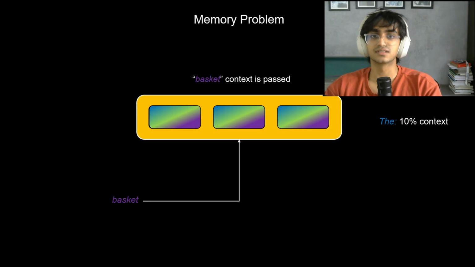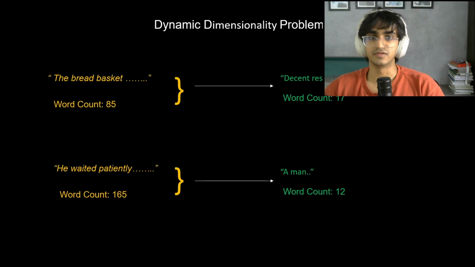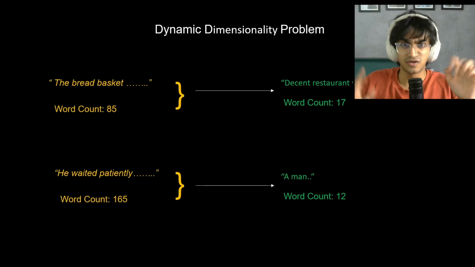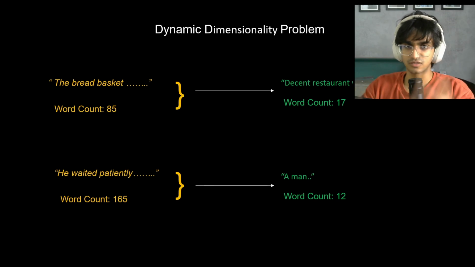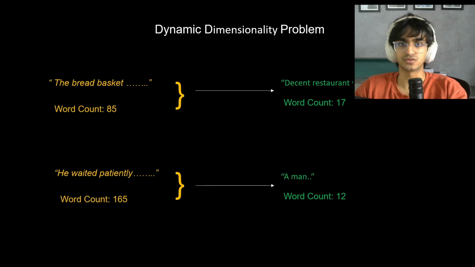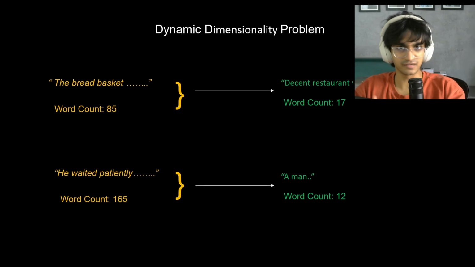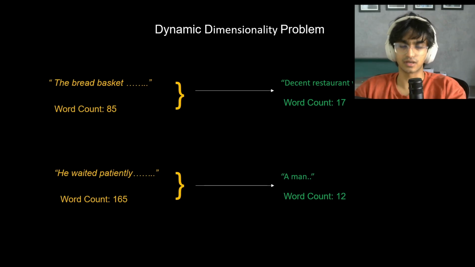the help of transformers. But before we do that, there's one more issue we have to talk about, which is, as we mentioned before, the dynamic dimensionality. Hold on. Now you might be thinking, Taran, didn't you just mention the sequence to sequence model can handle this issue? Yes, it can, but not very well. It's done super inefficiently. One, a GPU can handle a lot of parallel computation, especially of matrix multiplications.